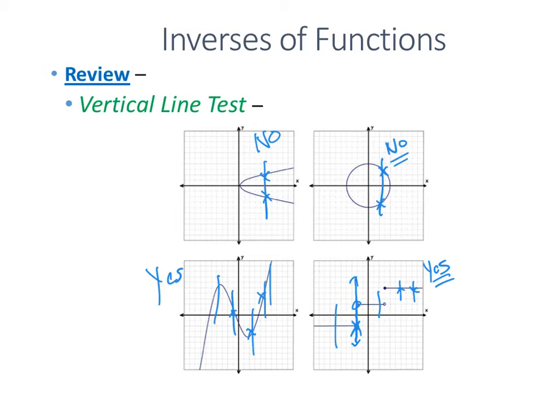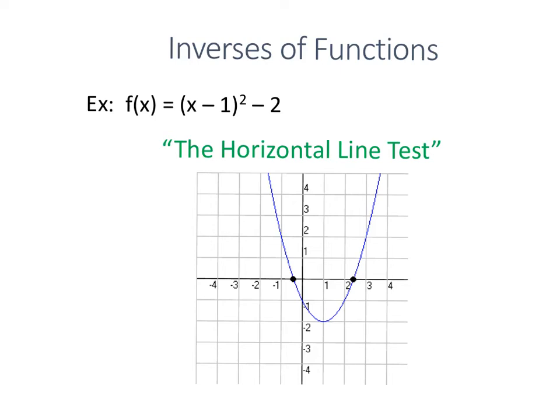So we use the vertical line test to determine whether a relation is a function graphically, but we use what's called the horizontal line test to determine whether a function actually has an inverse. Before I would even start finding that inverse algebraically, which we'll see in the next slide, I would first want to see if it actually has an inverse.